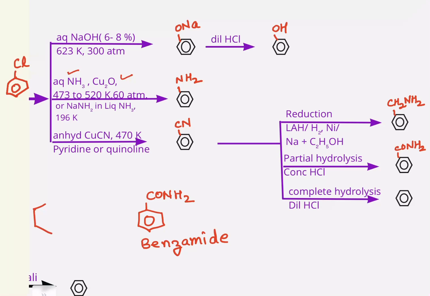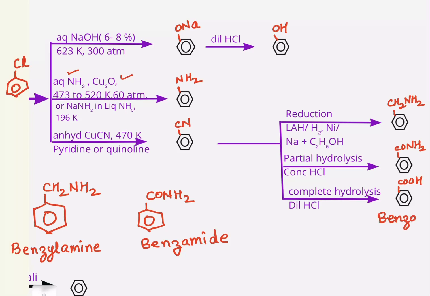By the way, did you find out the name of this product, CH2NH2? Yes, in the common system it will be called benzylamine. Then you've got benzamide, and finally the product of complete hydrolysis is benzoic acid.